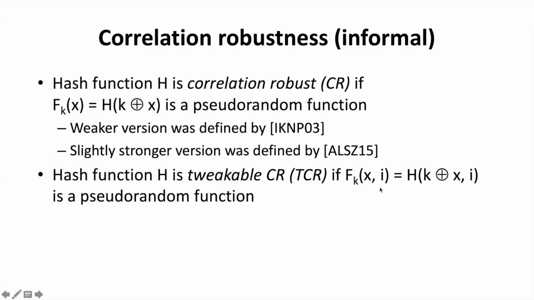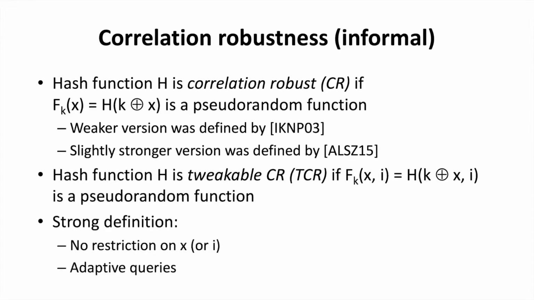We say that h is tweakable correlation robust if the corresponding keyed function is a pseudo-random function with a larger input size. Note that our definitions are stronger than previous definitions in the sense that first, there's no restriction on the value of x or i, and second, we allow adaptive queries to the pseudo-random function.